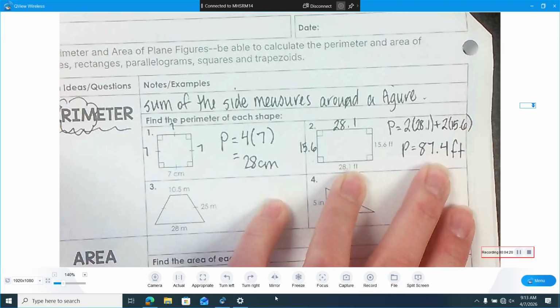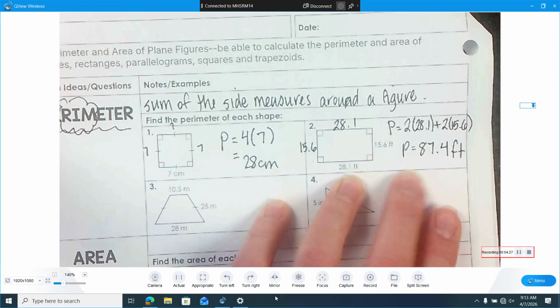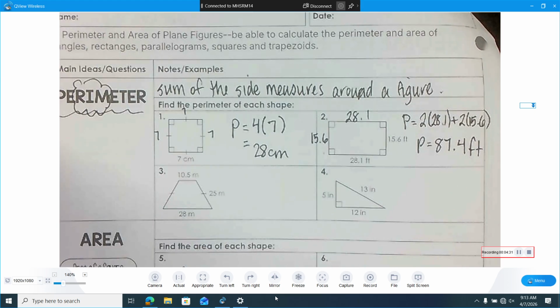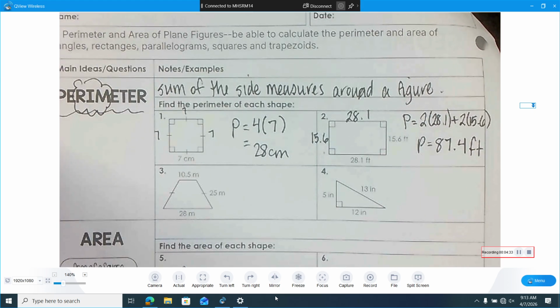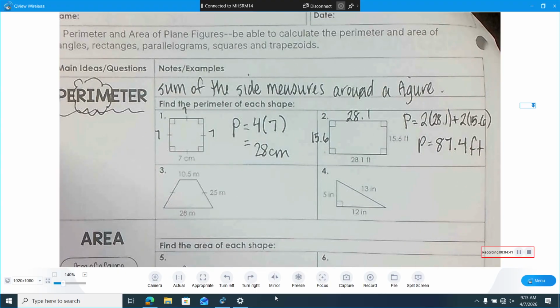That's a pretty big rectangle, 28 feet long for the side. That's like this room. Oh, actually, it is this wall. That's funny. She's using dimensions from her room. Yeah, so basically the perimeter around the ceiling and the edge there and the floor here and that edge over there. Yeah, 87.4 feet, roughly. It's probably close to that.